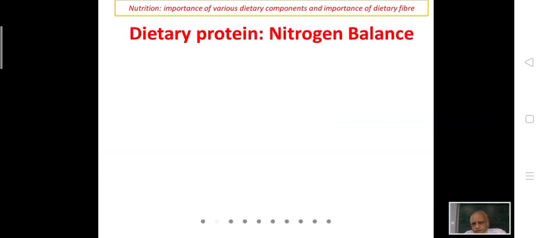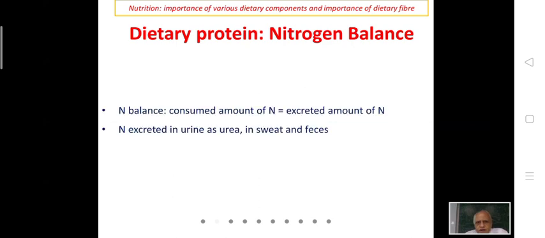Then we come to the part of the nitrogen balance. What is nitrogen balance? It is when the amount of nitrogen consumed equals the amount of nitrogen excreted. Then the body is in the nitrogen balanced form. Nitrogen is excreted in urine as urea, and in sweat and feces.